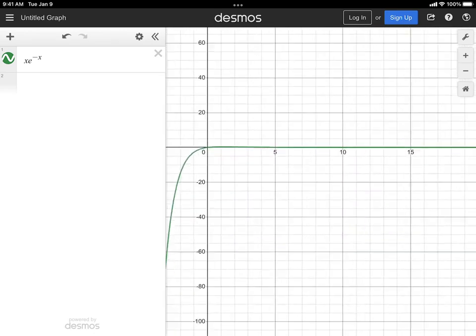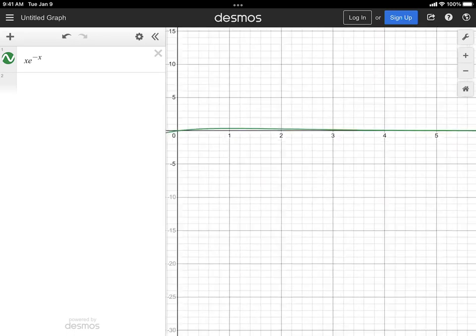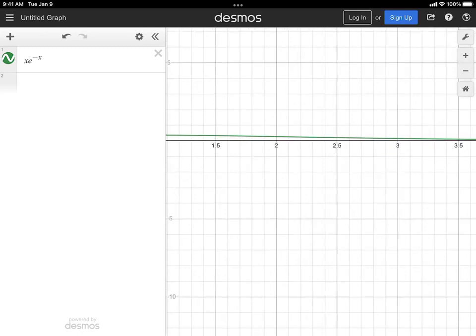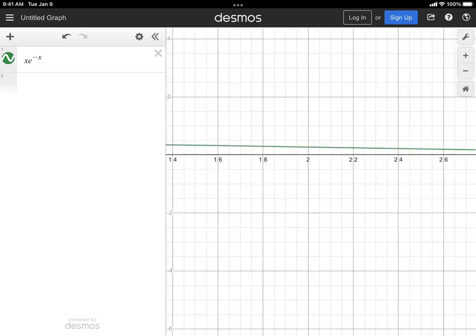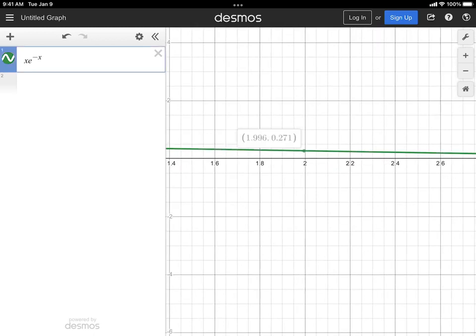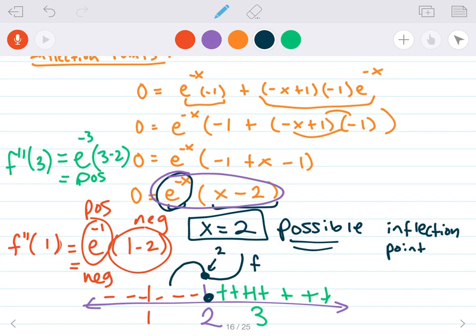Again, it's really subtle, and that's why we're doing this analytically, but it does change concavity from concave down to concave up at x equals 2. You can kind of see it sloping down a little bit. But yeah, that's the idea of that one.